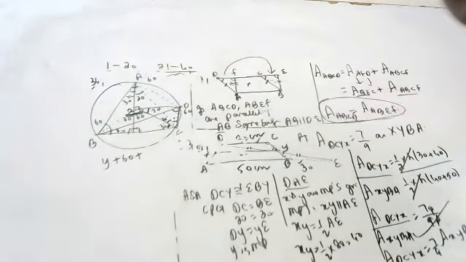Angles in the same segment, if you check, children, there is one angle here, there is one angle here. I told I want this angle.